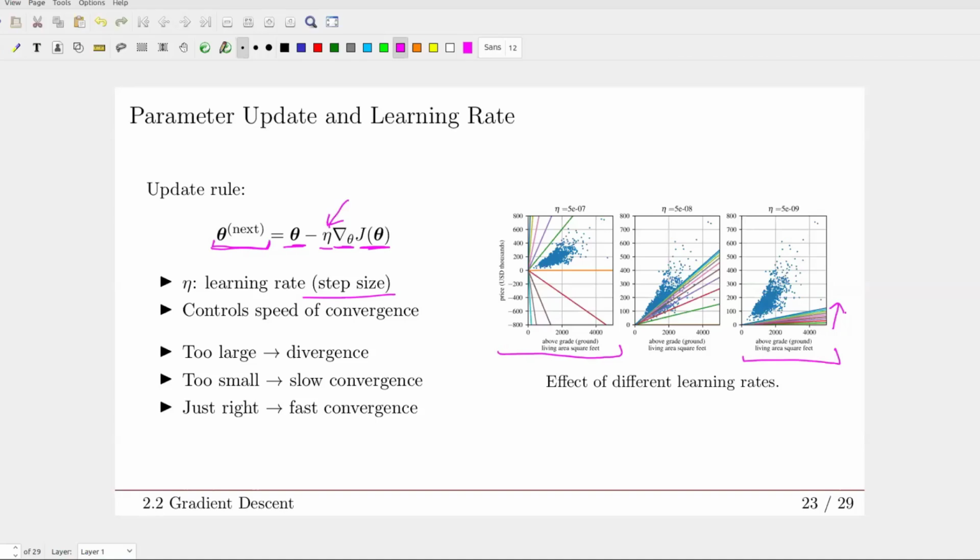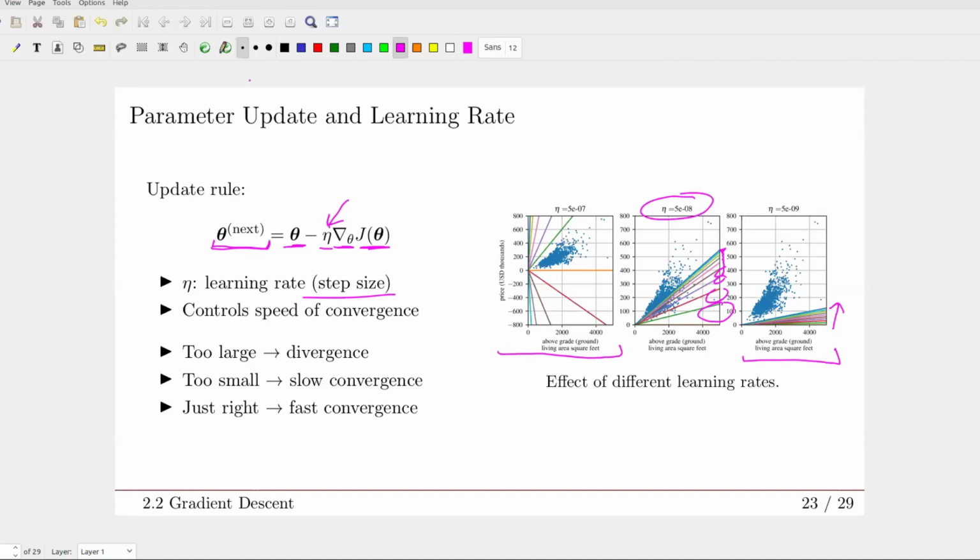And then if I set it as 5e to the negative 8, I can pretty much converge perfectly. And what you'll notice is that as I start out, I have big steps, right? And as I move, my steps get smaller and smaller, right? Because I've got the right learning rate. Does that make sense? So picking the right learning rate's pretty important.